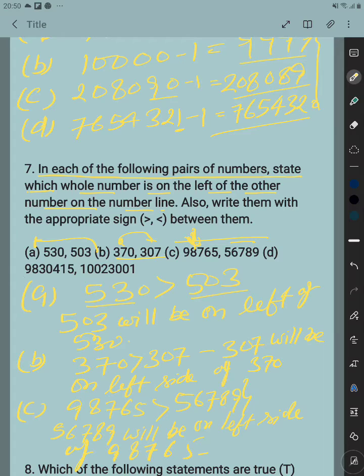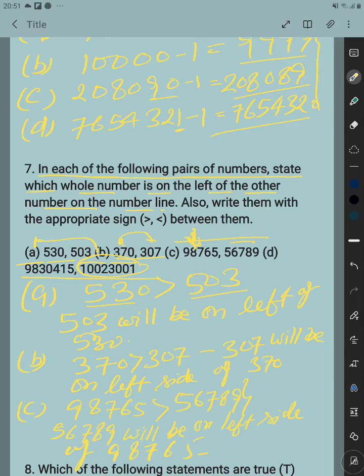Similarly, you can write this one also. So which one is greater here? We need to find it. First of all, we need to count how many digits are there. This has 4 digits, and these are the 4 digits. Total 8 digits are there, and in this how many digits are there? 7 digits. So which one is more? This is the greater number.